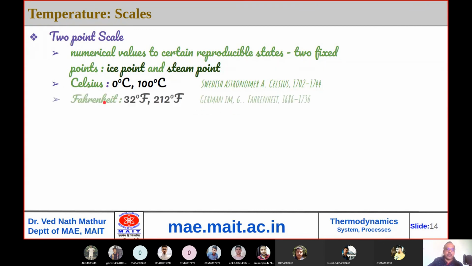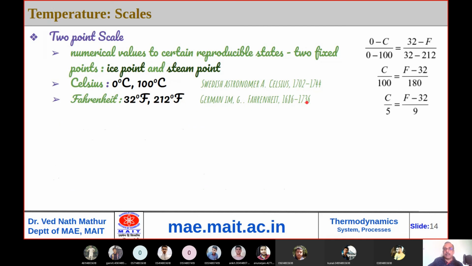Then there is a German instrument manufacturer who discovered the Fahrenheit scale. In the Fahrenheit scale, the ice point is 32 degree Fahrenheit and steam point is 212 degree Fahrenheit. And this is the interconversion of centigrade scale to Fahrenheit scale.